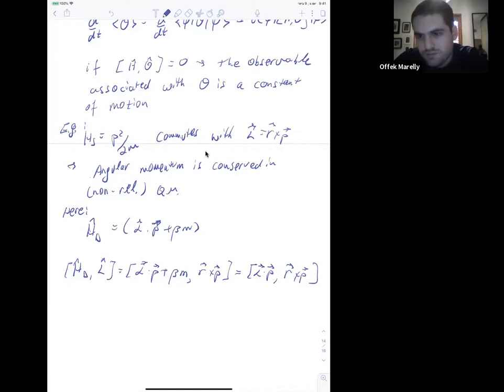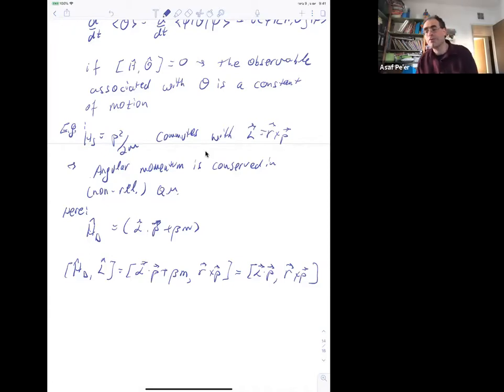I'm asking whether the angular momentum commutes with the Dirac Hamiltonian.